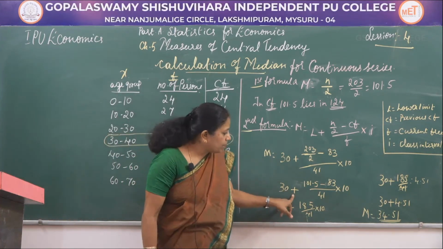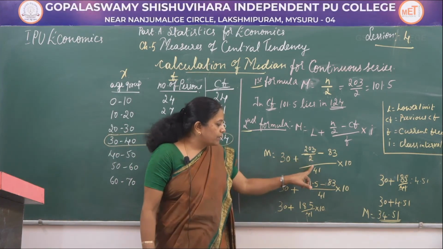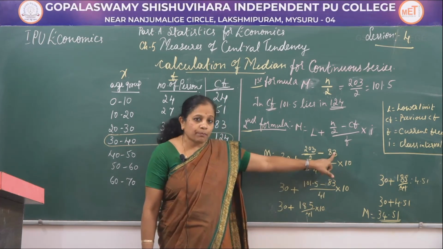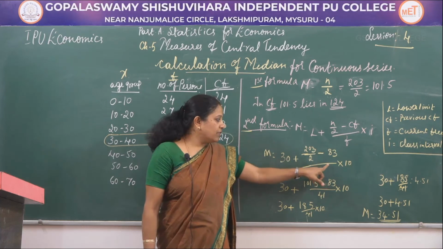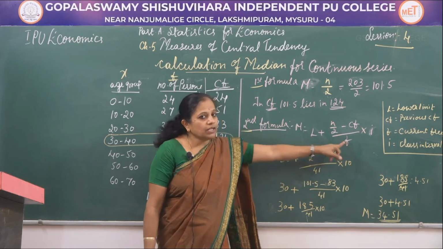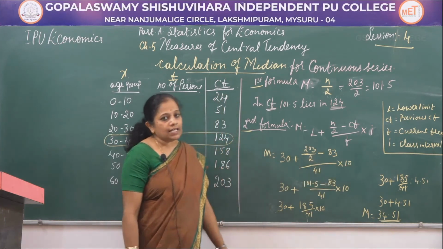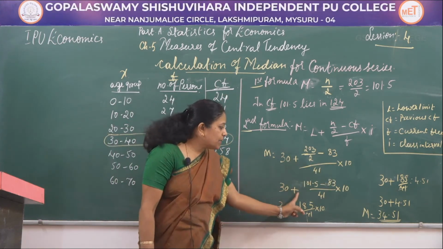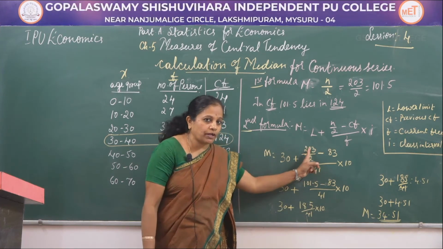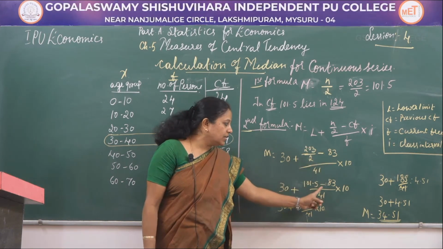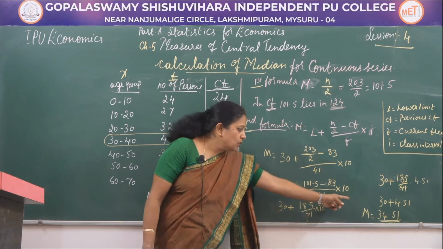So 30 plus 203 divided by 2, which is 101.5, minus 83, that is the previous cumulative frequency, divided by 41, the existing frequency, into 10, the class interval.